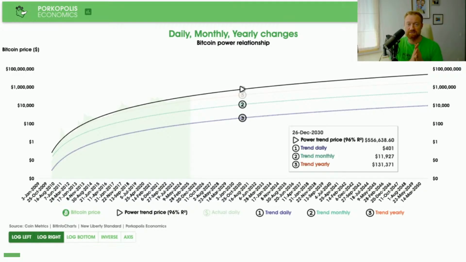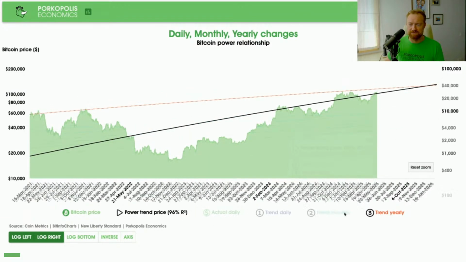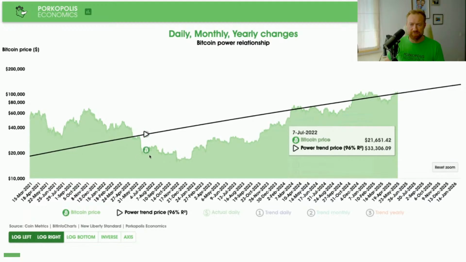The black line, looking at the data from January 3rd, 2009 until 2 years ago, the power trend was sitting at 600,000. But because we've pulled that data down, right? Just to show you exactly what I'm looking at, and just very simple, look at the price. We've pulled this black line down because of all this price action below the line.